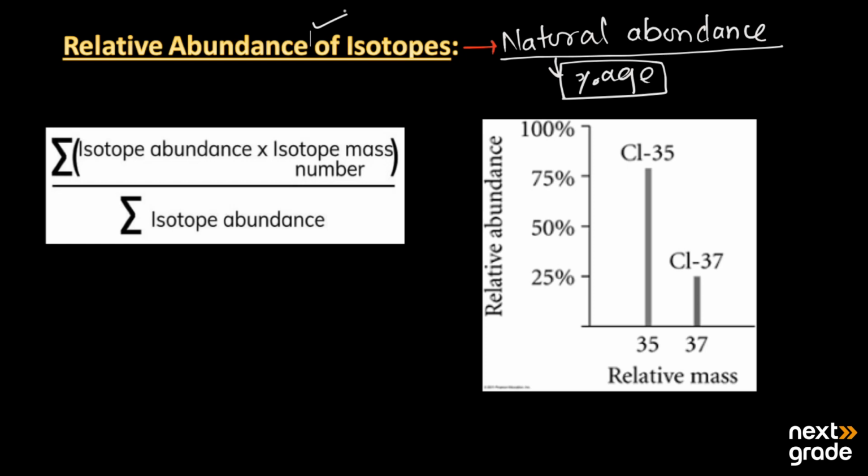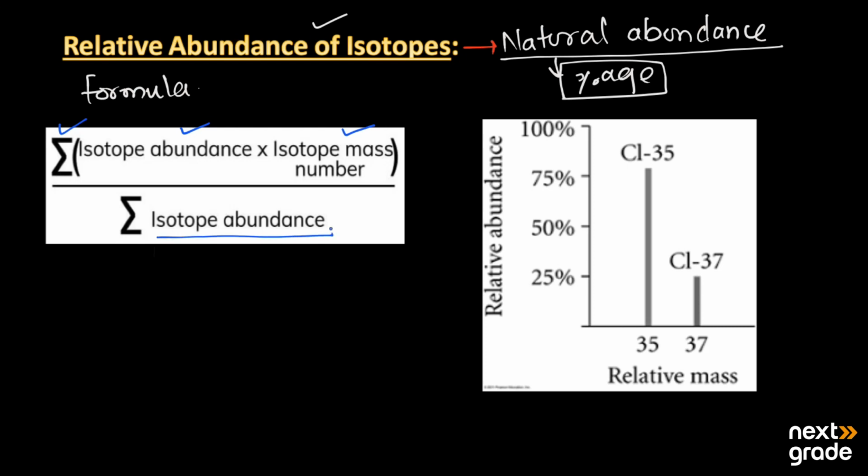For the relative abundance of the isotopes, we have a formula: we take the summation of the isotope abundance multiplied by the isotope's mass number, divided by the summation of the total isotopic abundance.